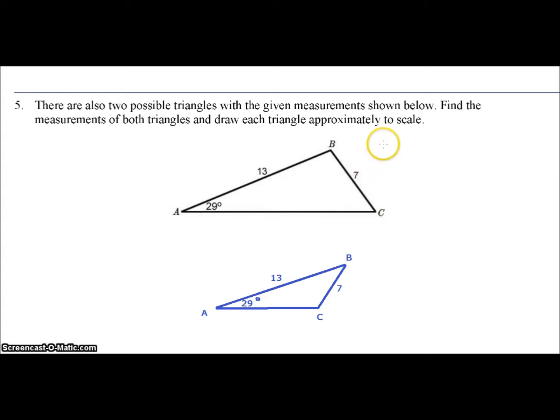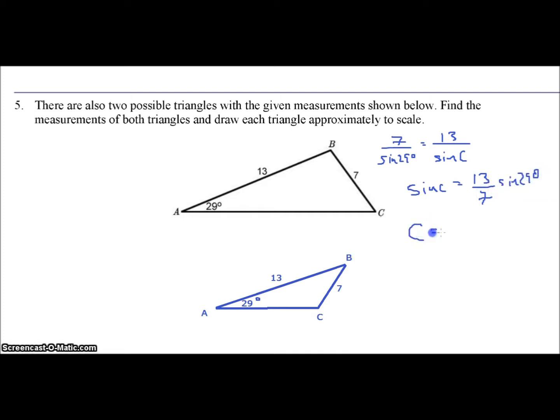So here, what can we do? Let's find the measure of angle C. 7 over sine of 29 equals 13 over sine of C. That means sine of C equals 13 over 7 times sine of 29.